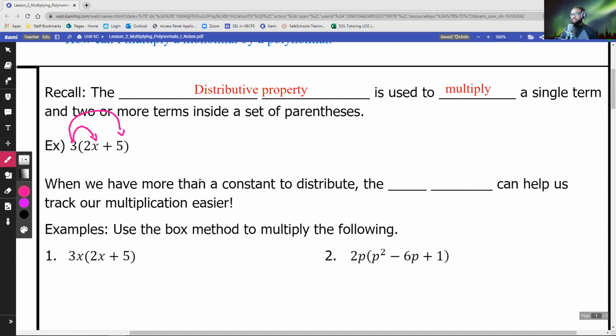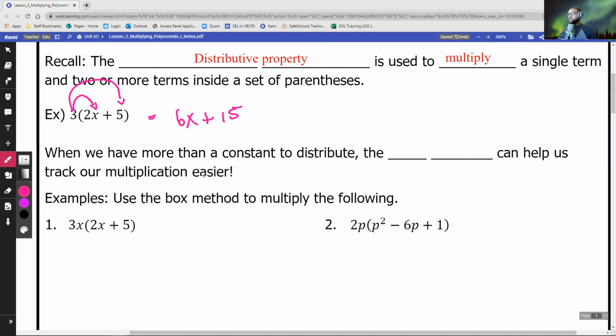When we multiply these things, we get a 6x, and then 3 times 5 is 15, right? We have just distributed this 3 to the 2x plus 5. This is something you've seen before. It's not anything new. Like I said, we've done it with subtracting polynomials, and we'll do it with these multiplying polynomials, okay?